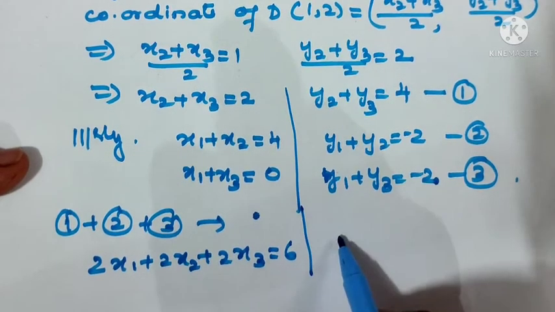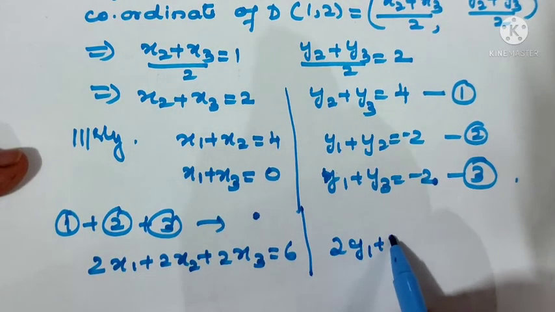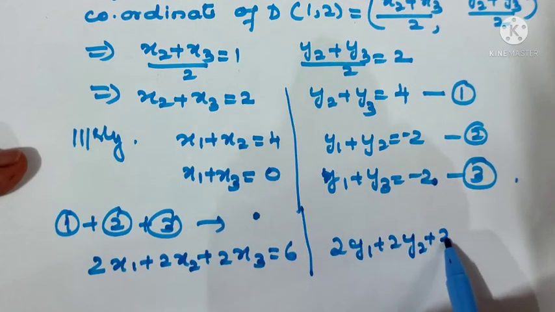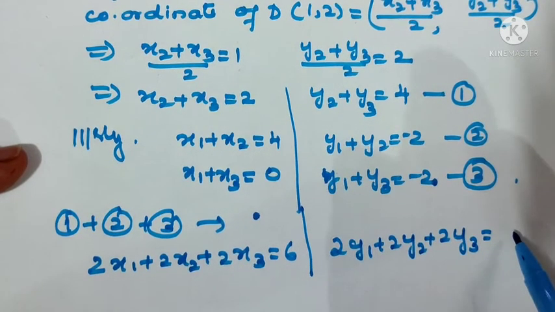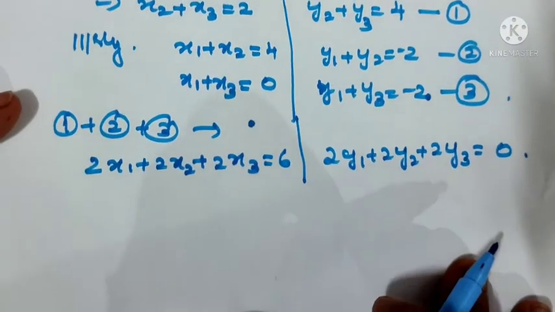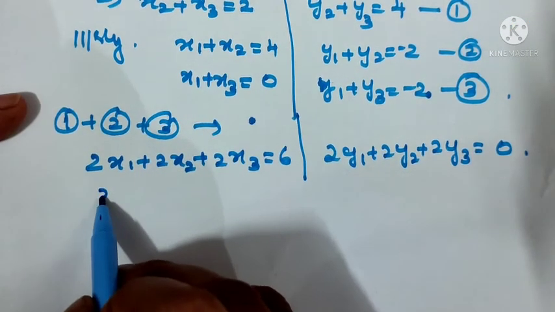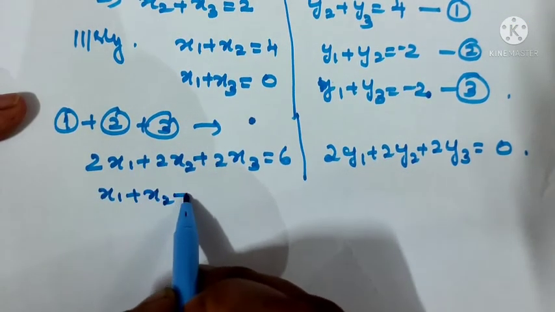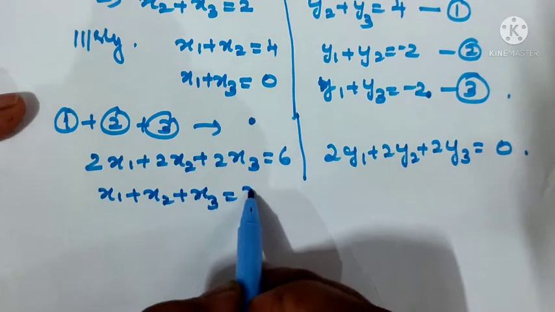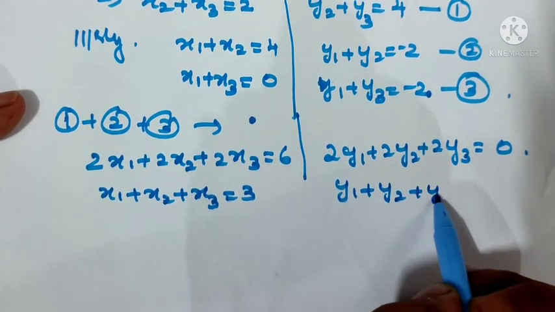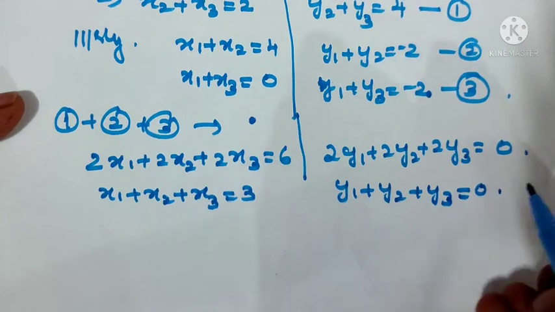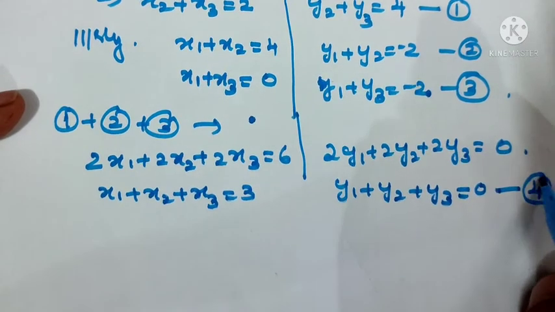Similarly on the y side, 2 times y1 plus 2 times y2 plus 2 times y3 equal to 0. 2 is common, so we can cancel. So x1 plus x2 plus x3 equal to 3, whereas y1 plus y2 plus y3 equal to 0. This is our fourth equation.